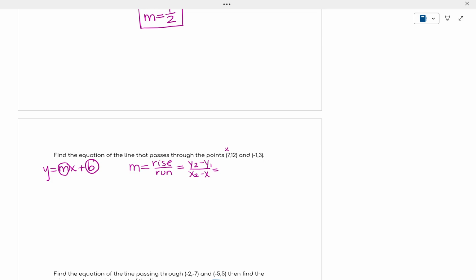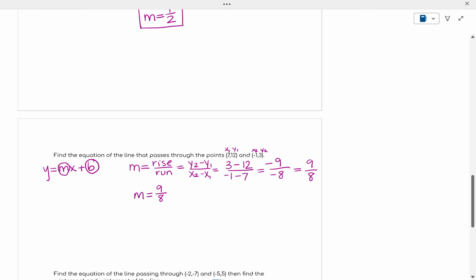And so if we identify what x1, y1, x2, y2 are, y2 is 3, y1 is 12, x2 is -1, x1 is 7. So 3 minus 12 is -9, and -1 minus 7 is -8. And a negative over a negative becomes a positive, so we have 9 over 8. So m equals 9 over 8.